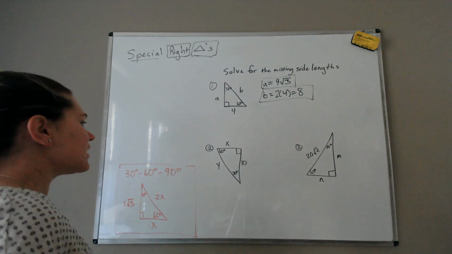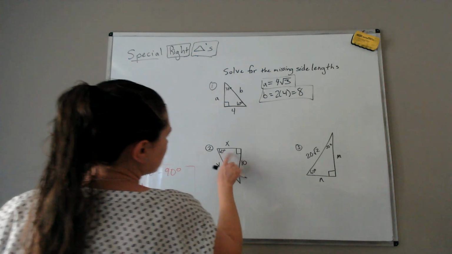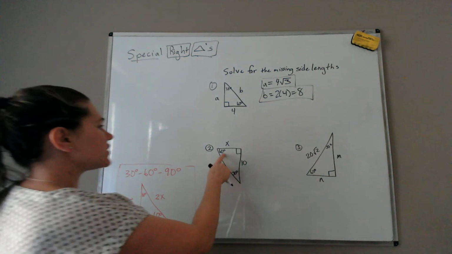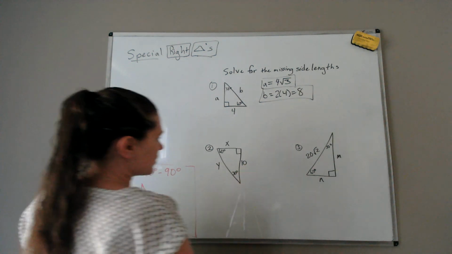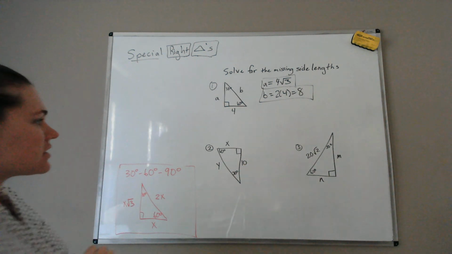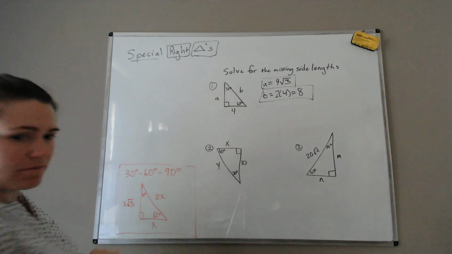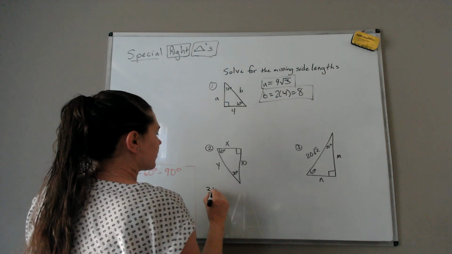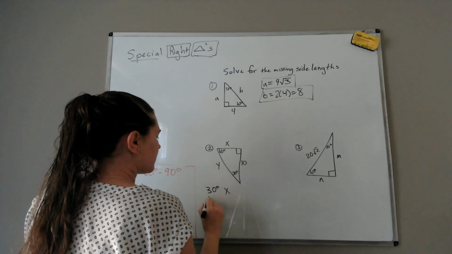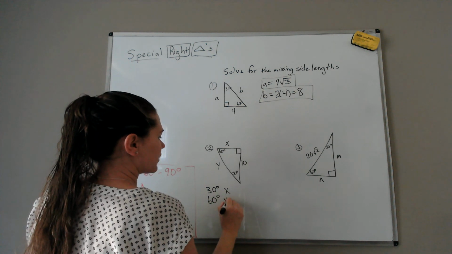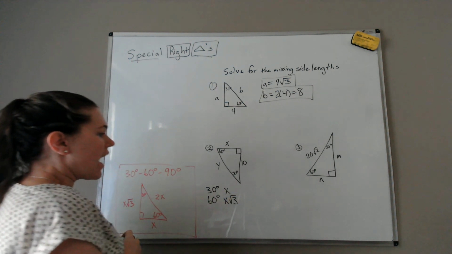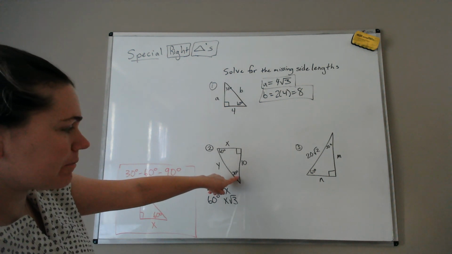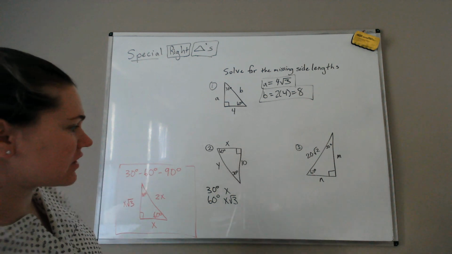Okay? In the next problem, we have a 30, 60, 90 special right triangle, and we have what's opposite 60 degrees. Opposite 60 degrees is 10. So, if you think of this, if 30 degrees is what x is, and 60 degrees is what x square root of 3 is, how do you get to know what's opposite 30 if you know what's opposite 60?